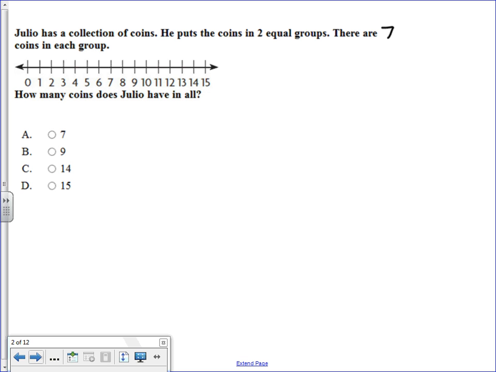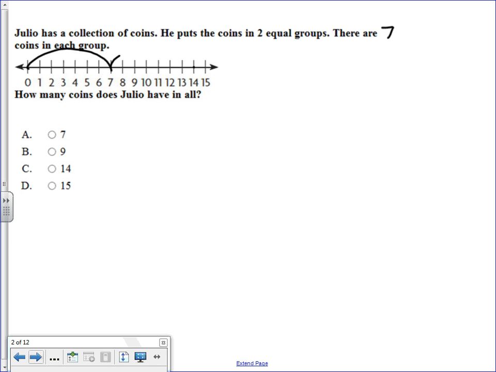So they gave you a number line here to help you if you wanted to count 2 groups of 7 coins. You could skip count by 7 2 times. So you'd count from 0 up to 7, and then 1, 2, 3, 4, 5, 6, 7.